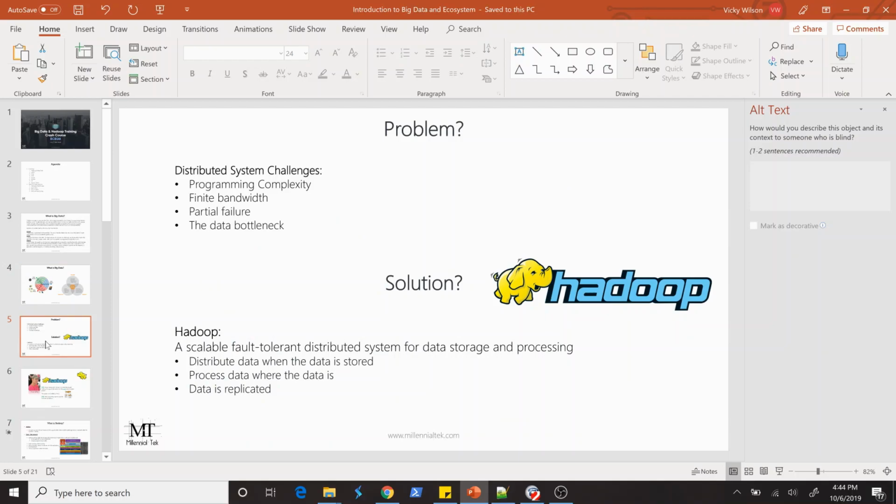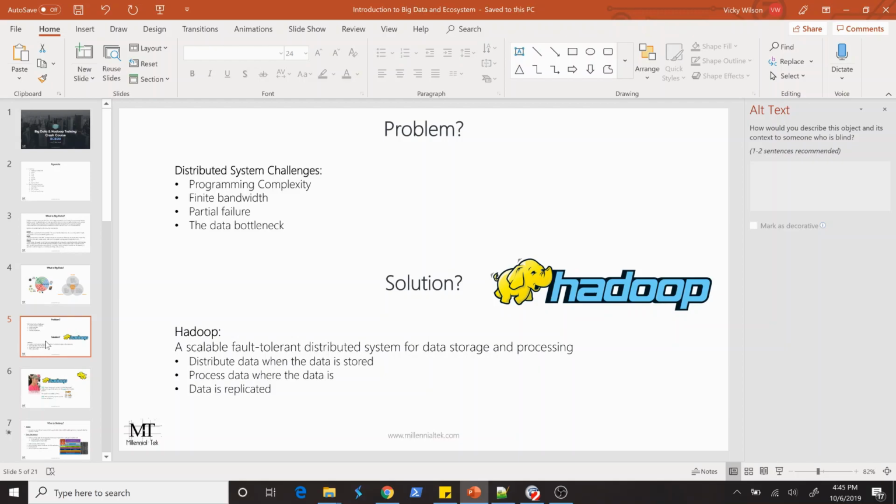So even a startup can hook up 10 laptops together, stand up a Hadoop cluster, and process huge volumes of data using commodity hardware.